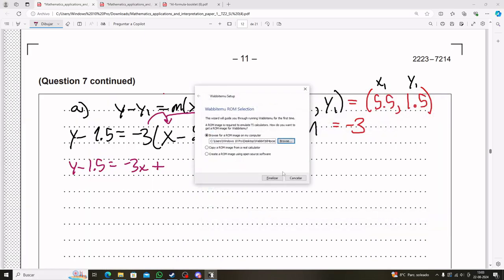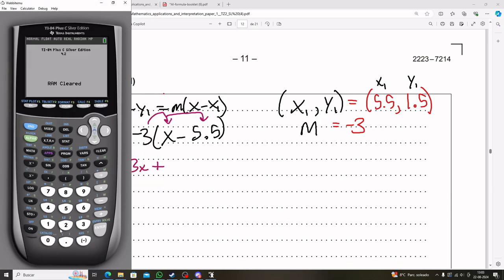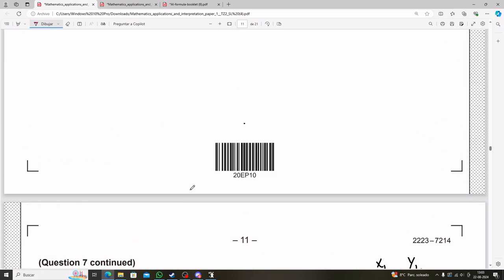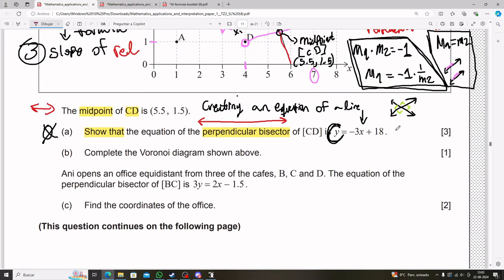So here I pull up my fancy calculator and I can do -3 times -5.5. 16.5. So plus 16.5. I can do plus 1.5 to both sides. I end up with y equals -3x plus 18. I double check up here. It's exactly what I have.